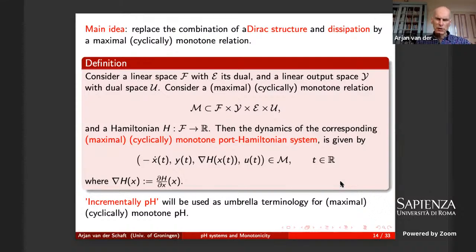We take the combination of these two and we replace it by a maximal cyclically monotone relation. Yeah, so we look at an N, which is now a subset of F times E. F and E, they are the variables in the cartoon which are linking to energy storage, to the Hamiltonian. And Y and U, they are the spaces of the outputs and the inputs.